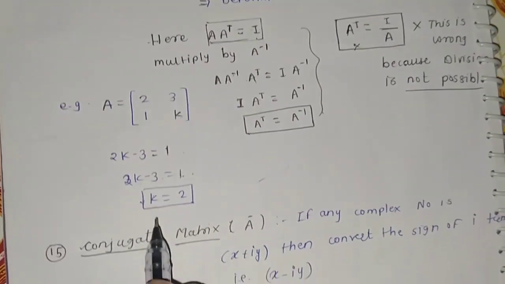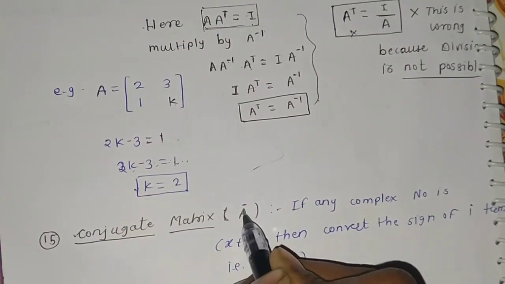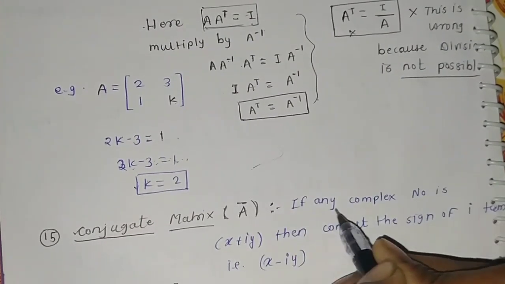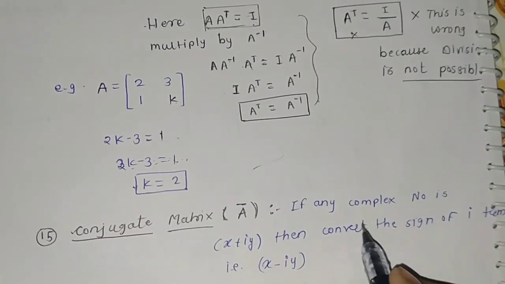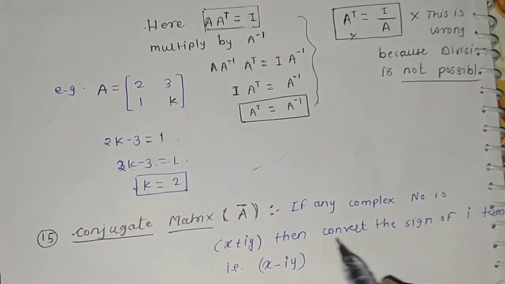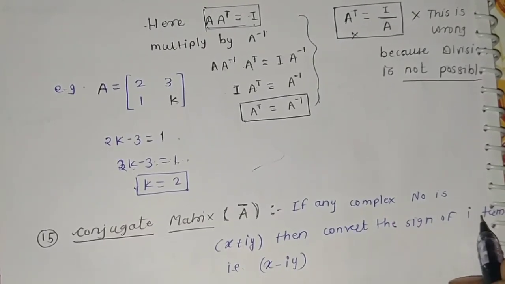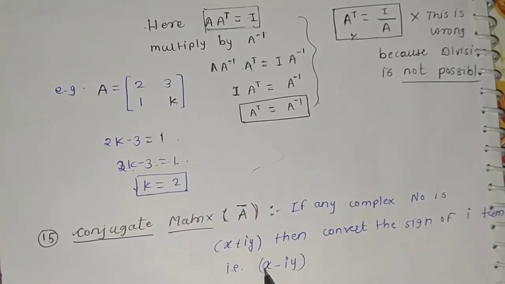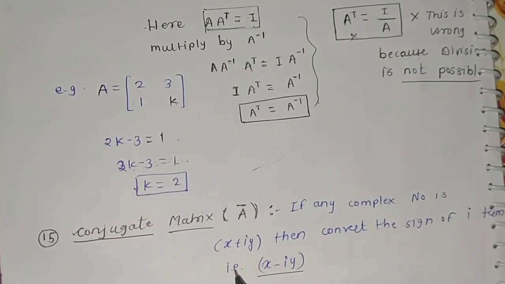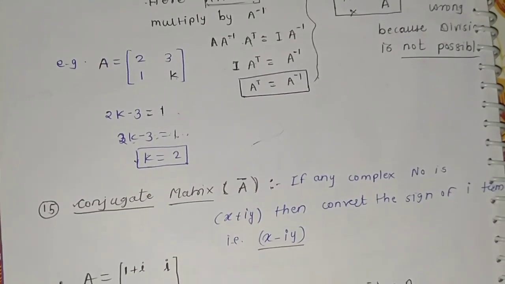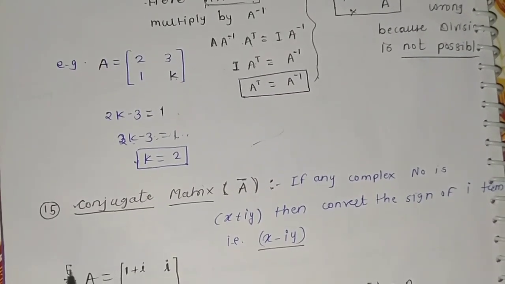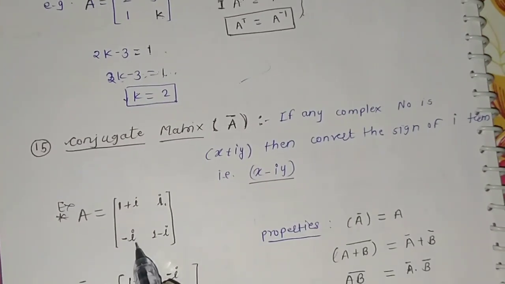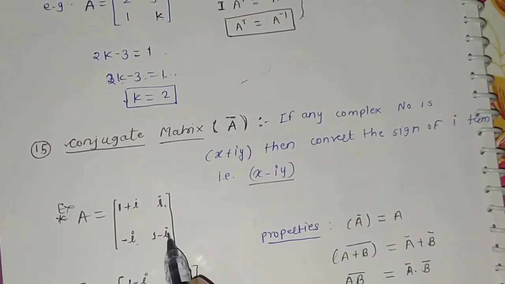Simple. So conjugate matrix is denoted by A bar. If any complex number is x plus iy, then convert the sign of i, so x minus iy. Here let us take this example: A is equal to 1 plus i, minus 1, minus i, 1 minus i.